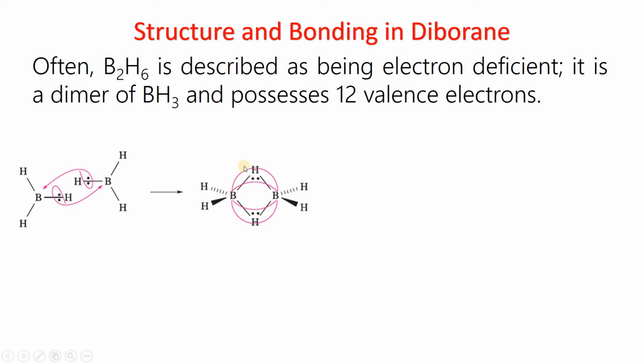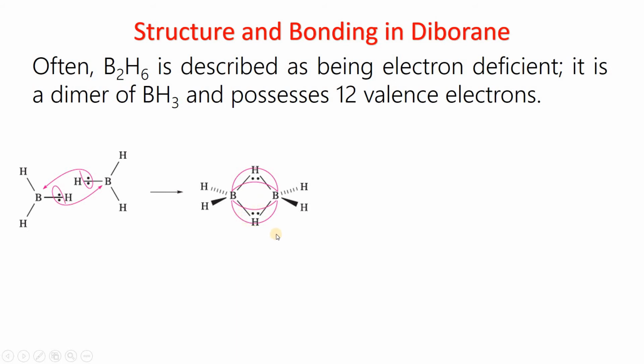But if you look at the central hydrogen atom, there are 3 centers, 1, 2, 3, but there are only 2 electrons. Similarly, there is 1, 2 and 3 center and there are only 2 electrons.